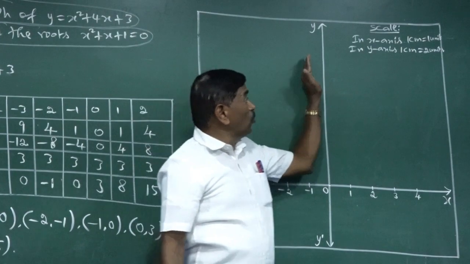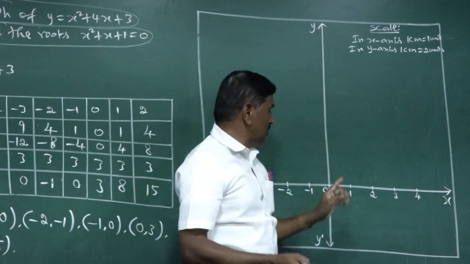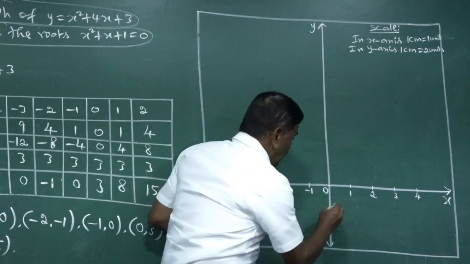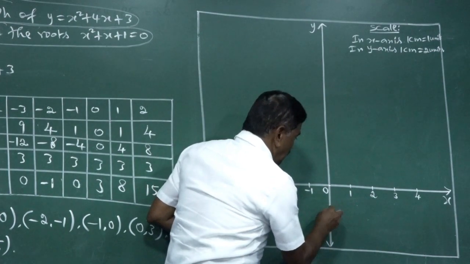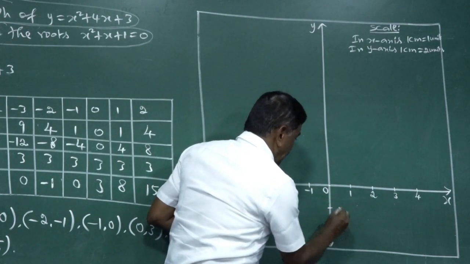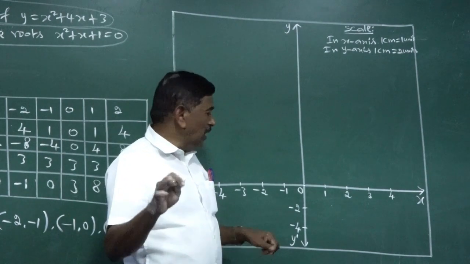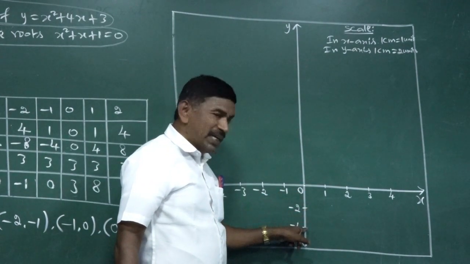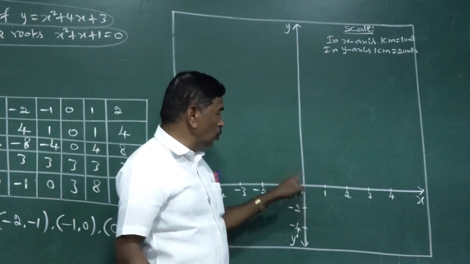We are taking along the y-axis 1 centimeter equal to 2 units. So that is why 0, here -2, suppose, 0, minus 2, minus 4. Children listen, say 0, minus 2, minus 4.